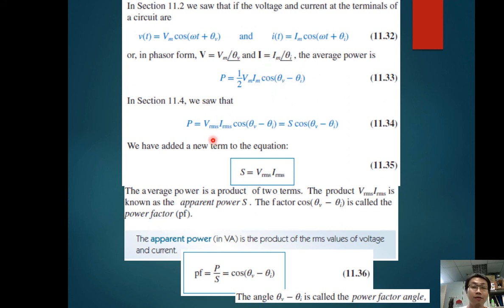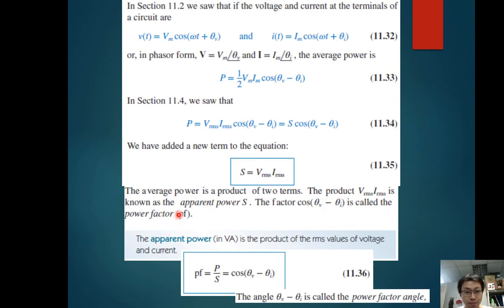So we see that we also can convert the Vm and Im to Vrms and Irms like this. So we know that Vrms times Irms is what we call the apparent power. So we can write S equals Vrms times Irms.